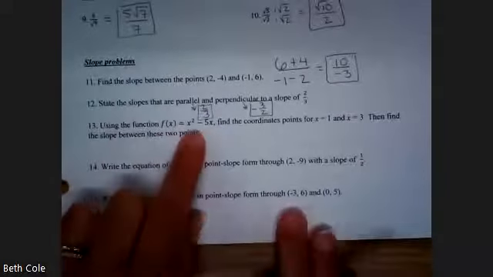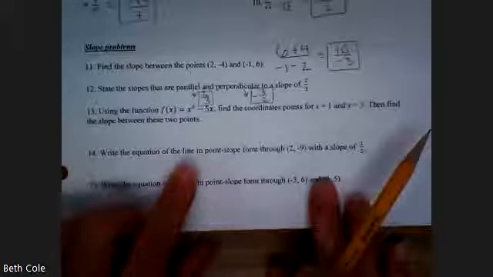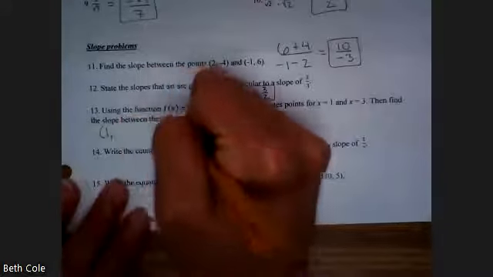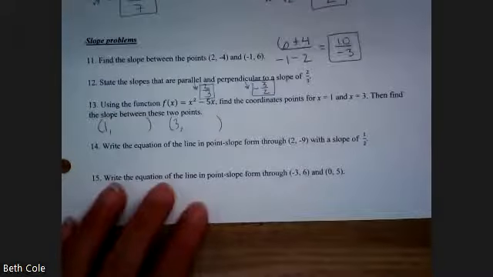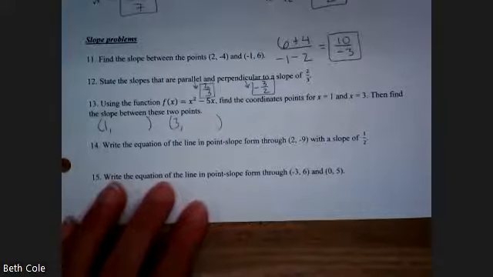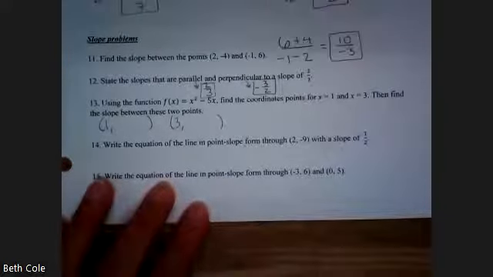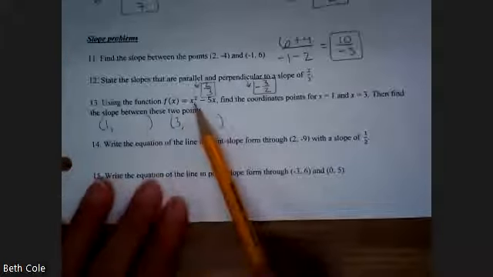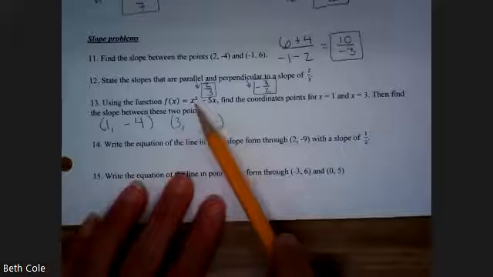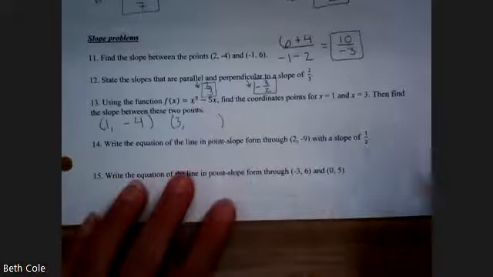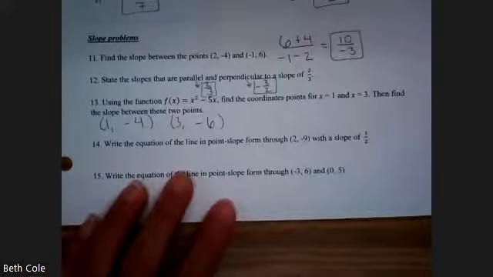All right, using this function, find our coordinate points for 1 and 3, and then find the slopes between them. So we want 1 comma something and 3 comma something. How do we get the somethings? Yeah, plug them in. If you plug in 1, you're going to get 1 minus 5 will be -4. If you plug in 3, you'll get 9 minus 15, which will be -6.